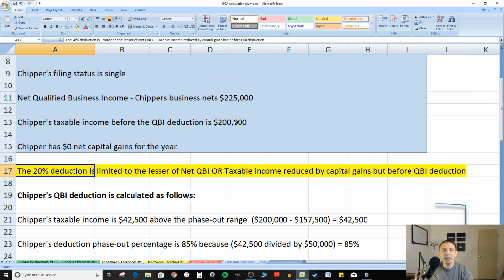What I want you to notice as you look at these examples is that based on your filing status, your overall income, and the type of business you're in, it's going to change how you do the calculation. And that's what makes this deduction so complex. There are some similarities, but there are also some differences, so you have to really pay attention, and you're going to see that as you study each example.